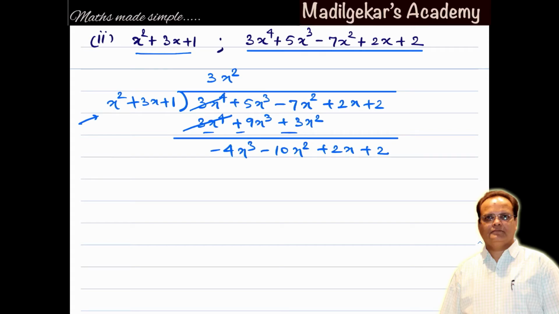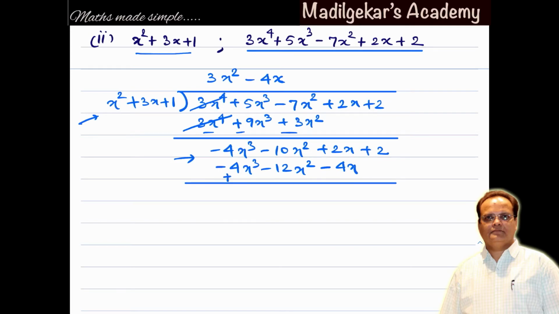Now, in order to get minus 4x cube, we must multiply by minus 4x. So minus 4x cube minus 12x square minus 4x.